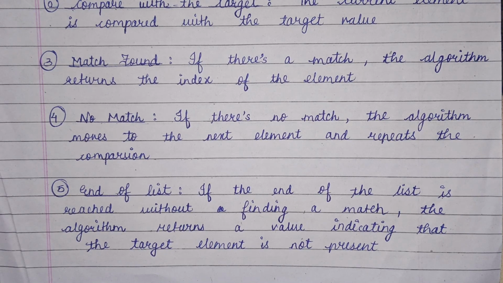So the targeted element is not present in the list or the array, so it will reach the end of the array and simply return -1.